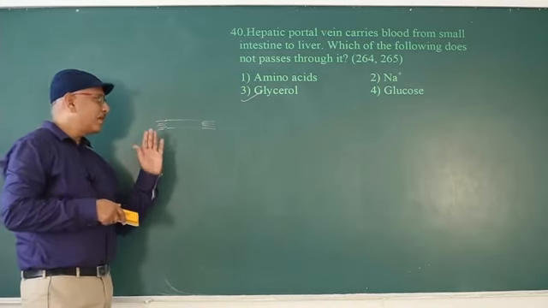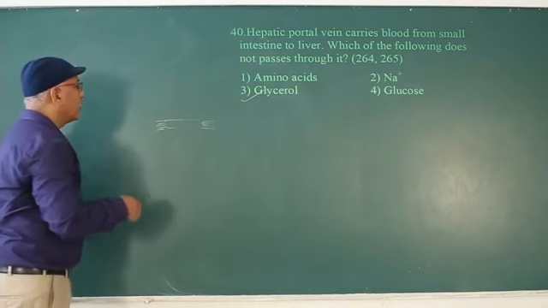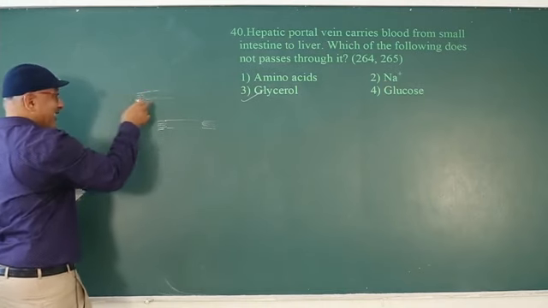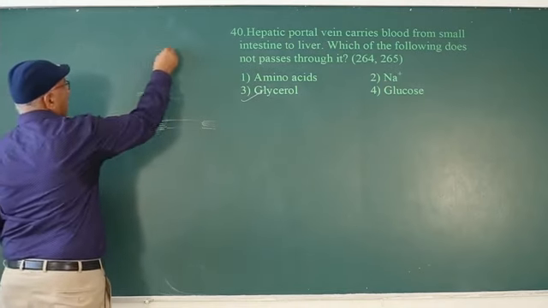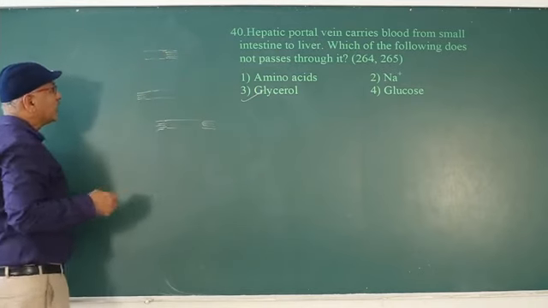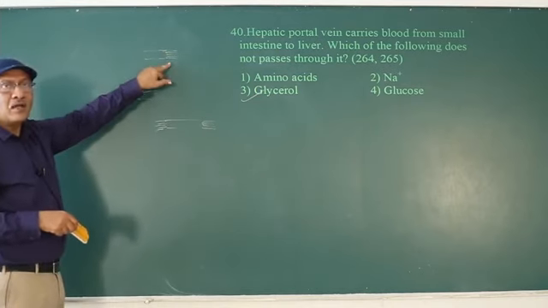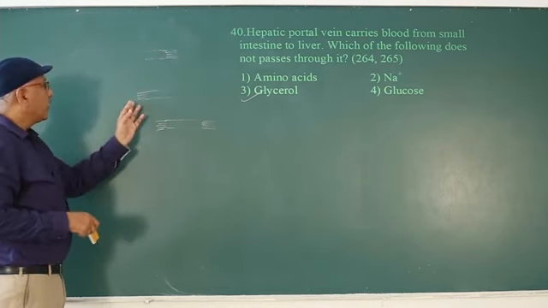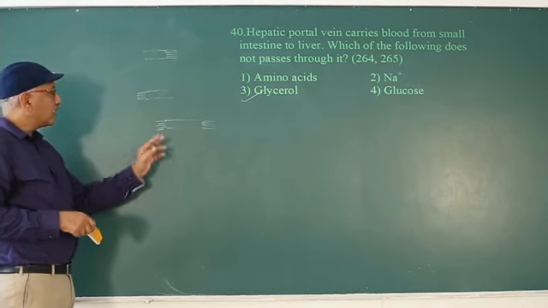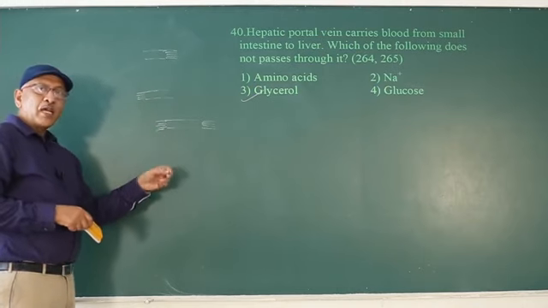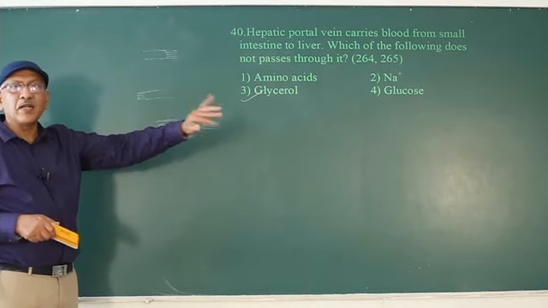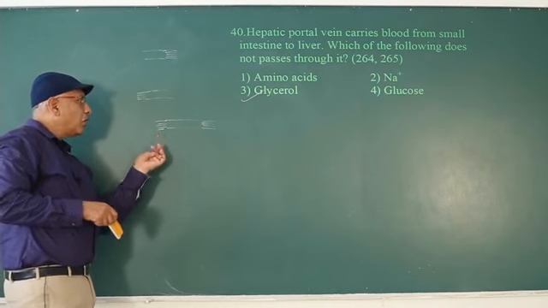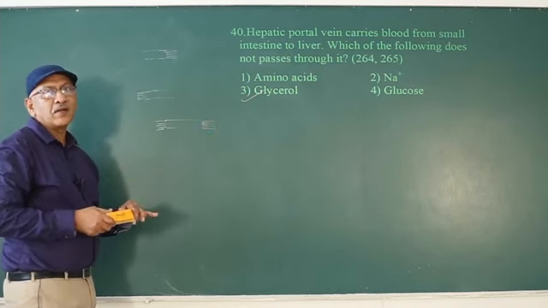Regarding function, it is a collecting and distributing blood vessel. You already know, if any blood vessel begins with blood capillaries, that is a vein, a collecting blood vessel. If a blood vessel ends with capillaries, meaning distributing, that is an artery. The portal vein begins with blood capillaries in one organ and ends with blood capillaries in another organ, so it is both a collecting and distributing blood vessel.